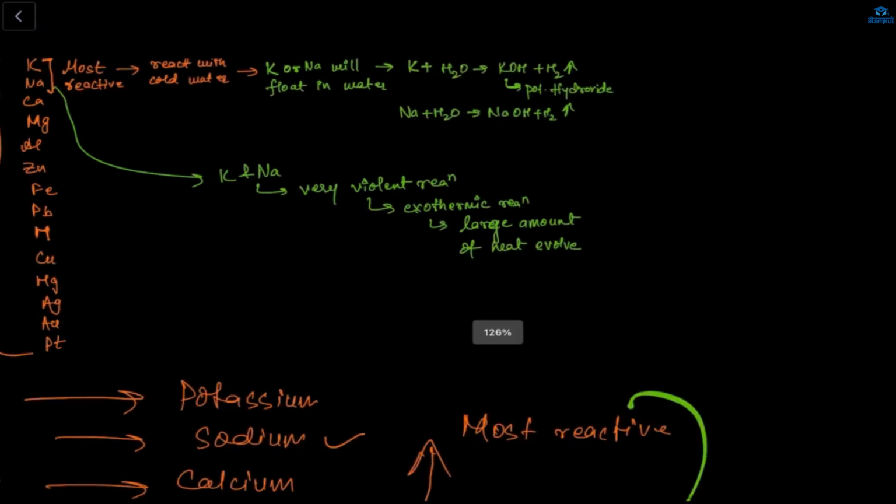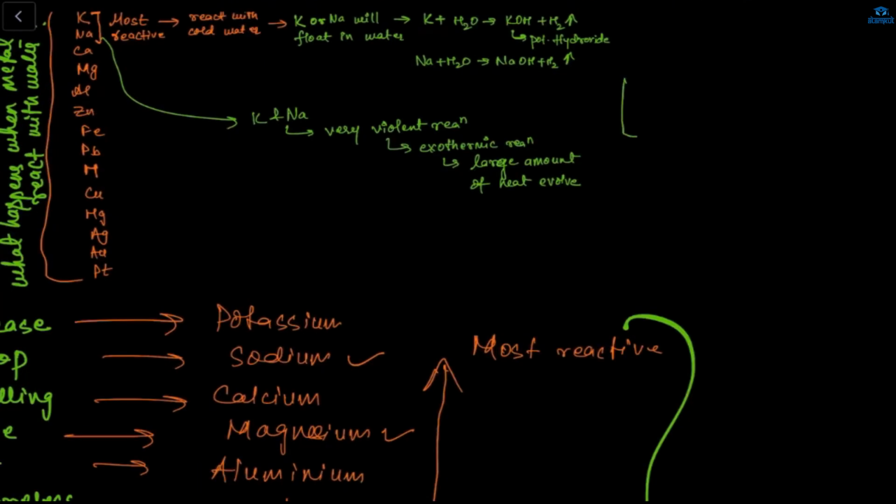Now see, let's say this is my beaker, and here is your KOH and H2. H2 is hydrogen, so it will evolve and rise upward. What will happen when H2 rises upwards?